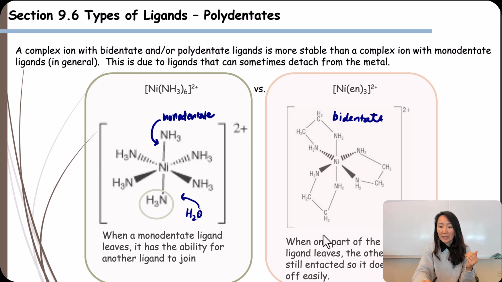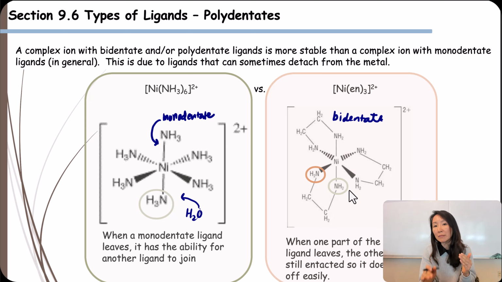Whereas in the bidentate, if one part of the bidentate ligand leaves, say this one tries to leave, the other part is still intact on it. So it doesn't easily fall off, and it'll just reattach itself. This one right here might leave for a real quick, but then it's like, okay, never mind, I can't leave fully because I'm already attached here.